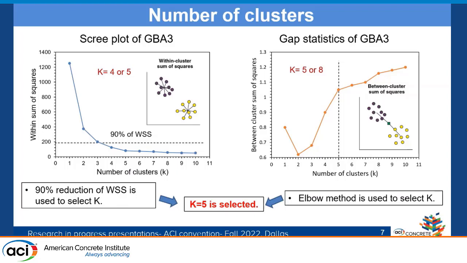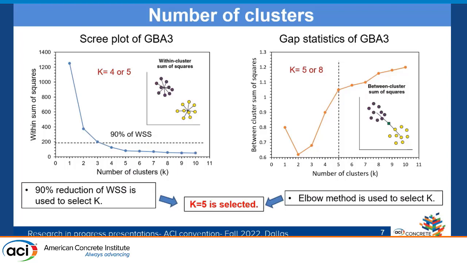Okay. In order to use these two analytical techniques, I need to first determine the number of clusters or the number of phases present in my sample. For that, first I plotted the within sum of squares, which is also known as WSS, based on the number of clusters.